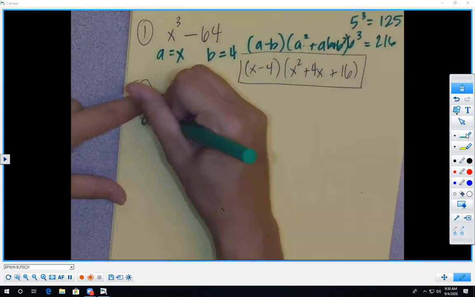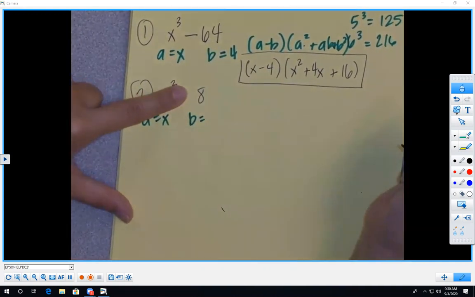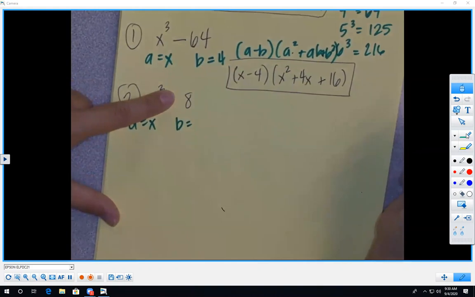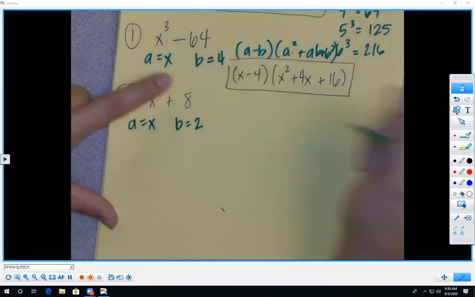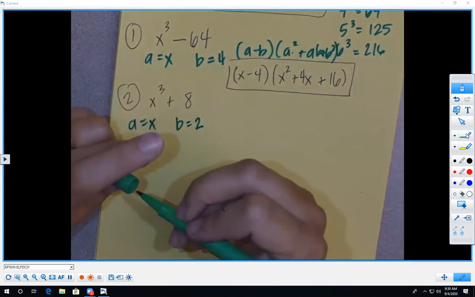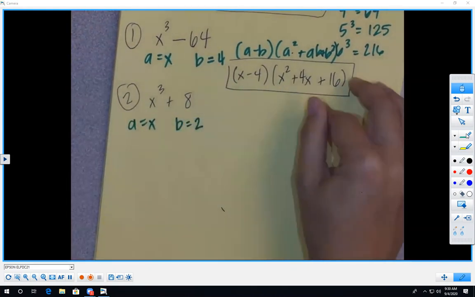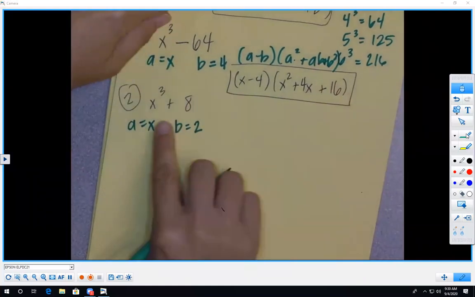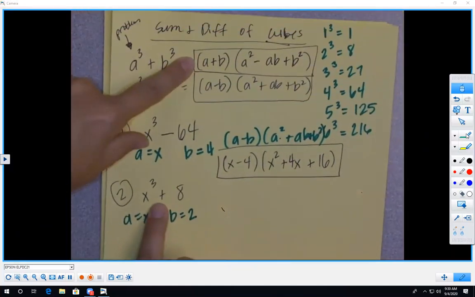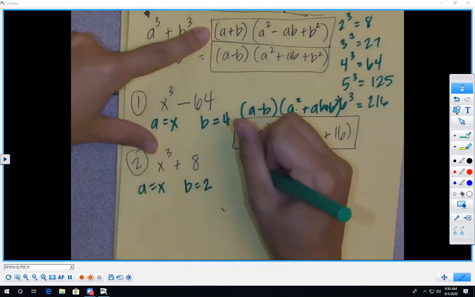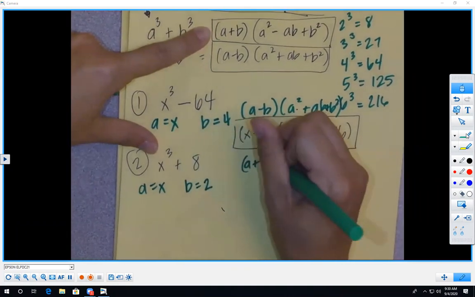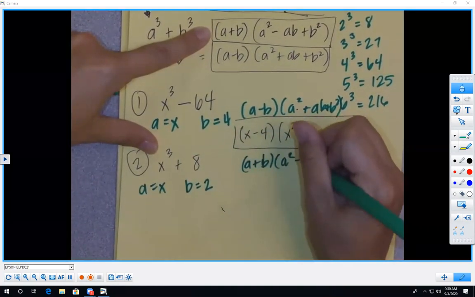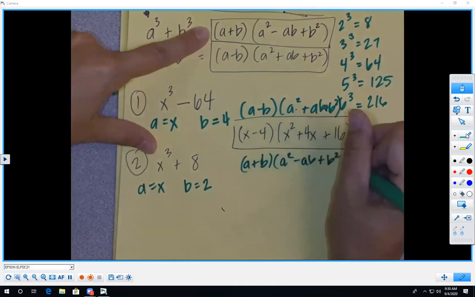Just x. What's the cube root of 8? What number times itself 3 times gives me 8? 2. Which formula am I going to use, the sum formula or the difference formula? The sum, the one on top, because it has a plus sign here in the middle. So I'm going to use the one on top. A plus b, a squared minus ab plus b squared.